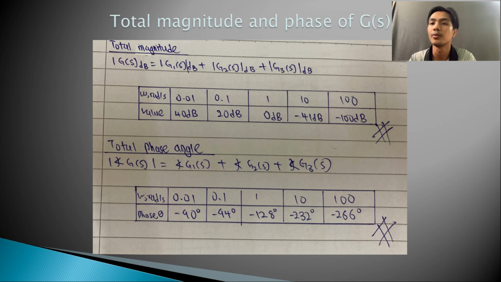At 0.1 radians per second, it is negative 94 degrees. At 1 radian per second, it is negative 128 degrees. At 10 radians per second, it is negative 232 degrees. At 100 radians per second, the phase is negative 266 degrees.